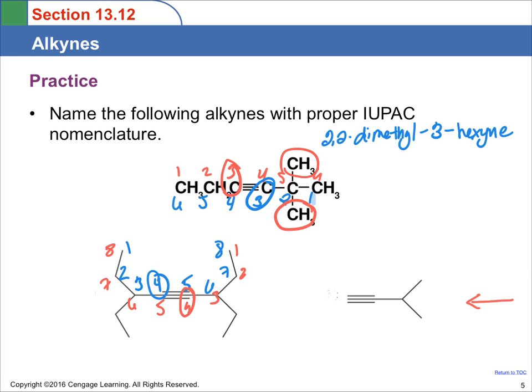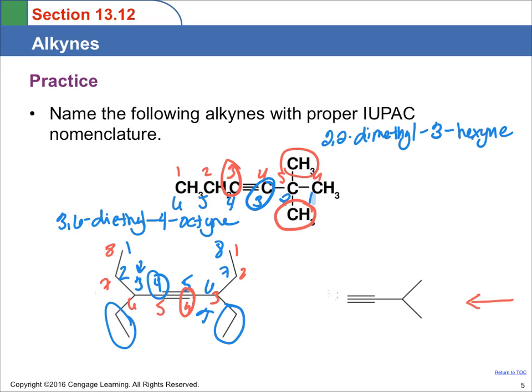If we look at our groups, we have 2 ethyl groups, and in both cases, we can put those groups on lowest number 3. So both directions give us the same numbering system. So we're going to make sure we use the lowest. So we're going to have 3, 6, diethyl. Triple bond is on number 4. 8 is oct, ending YNE. So 3, 6, diethyl, 4, octyne.